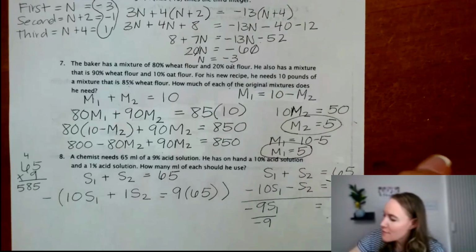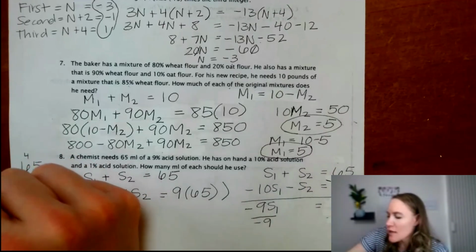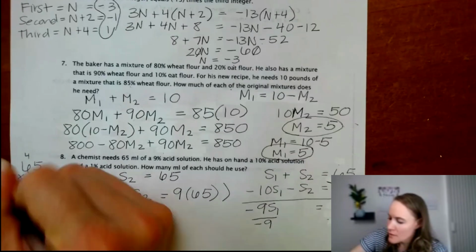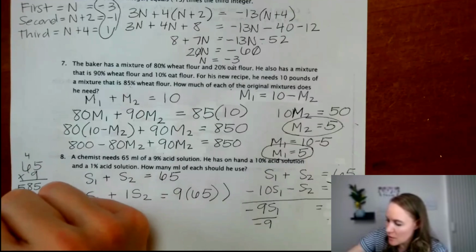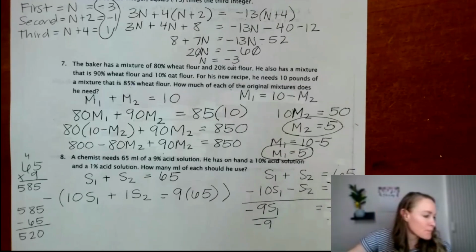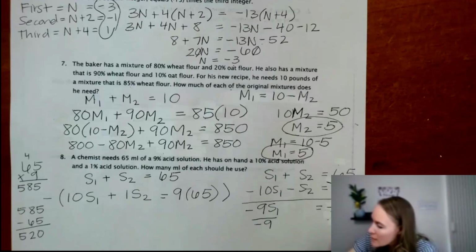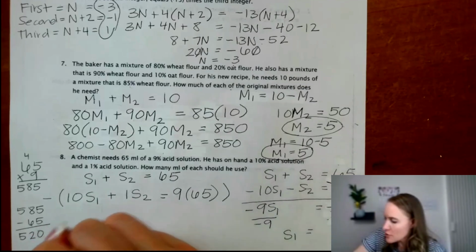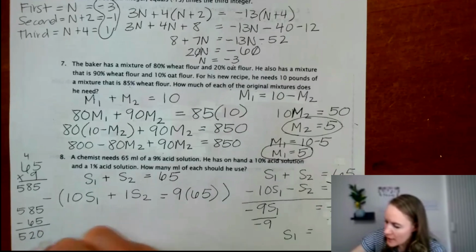So we have 585 minus 65, okay, which is 520. And then it's negative 520 divided by negative 9. So solution 1 equals, and I'm going to do some long division over here, 520 divided by 9.